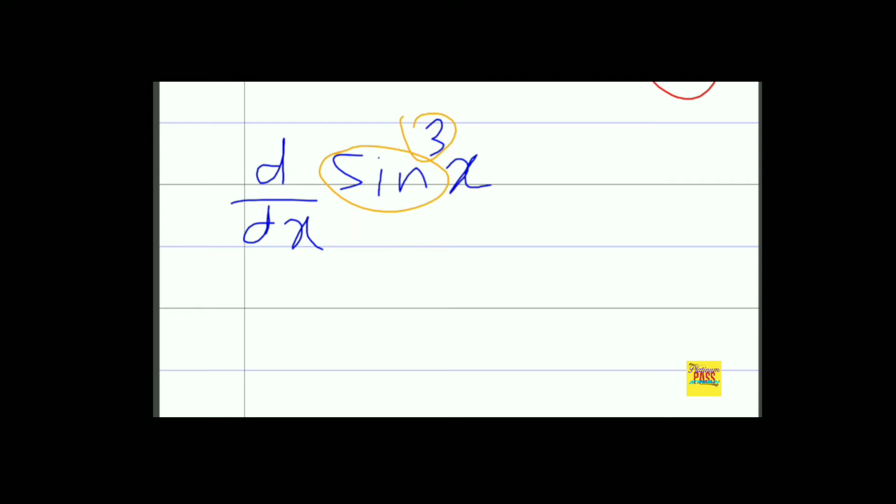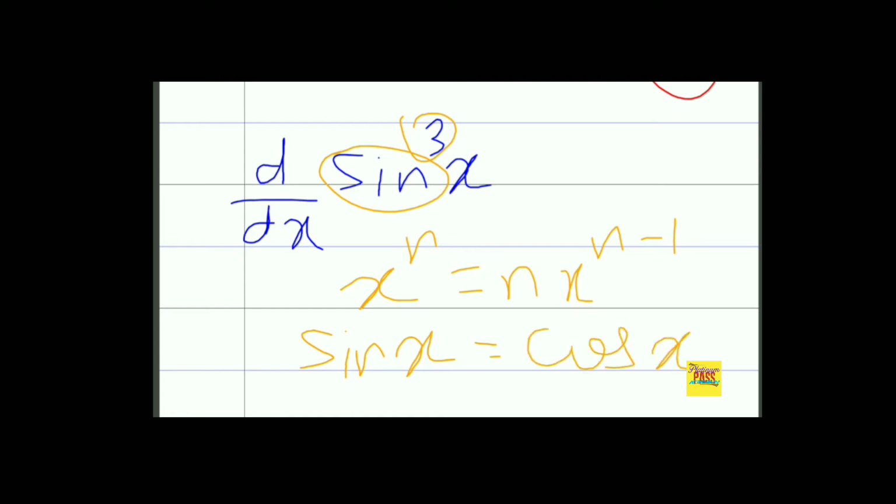For the cube, that is x raised to n, and sin x, we will differentiate the first function, that is n into x raised to n minus 1, and then differentiate the second function, sin x. The differentiation of sin x is cos x.